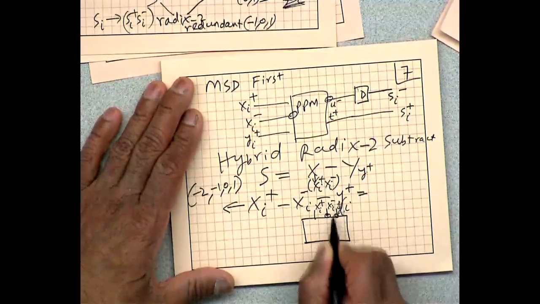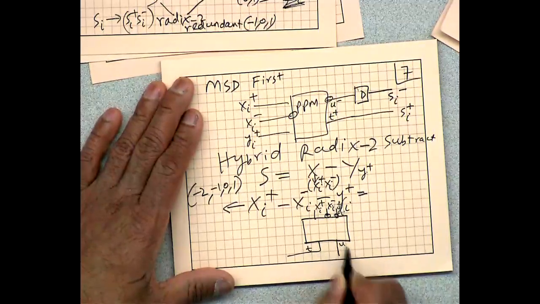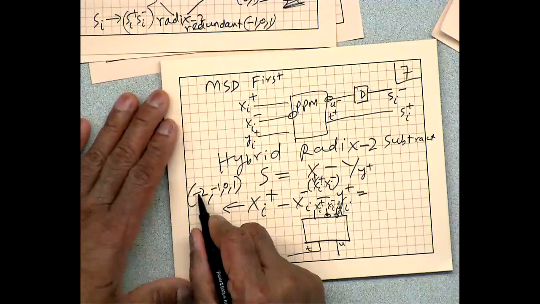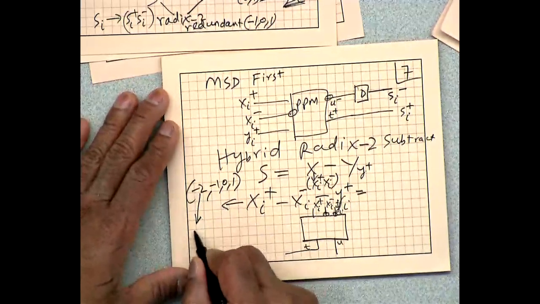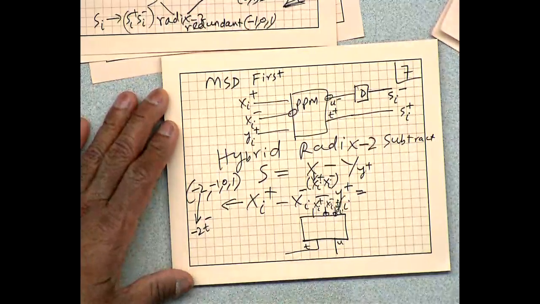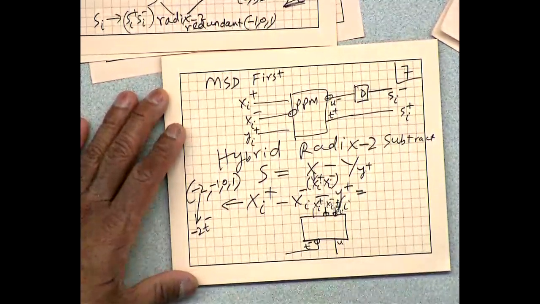These two are both negatively weighted, and this is the transfer digit and this is the u digit. So how do I represent minus 2? Because that is weighted minus 2, that should really be minus 2 times t minus. So if t minus is 1, this has to be negatively weighted. I put a bubble here.